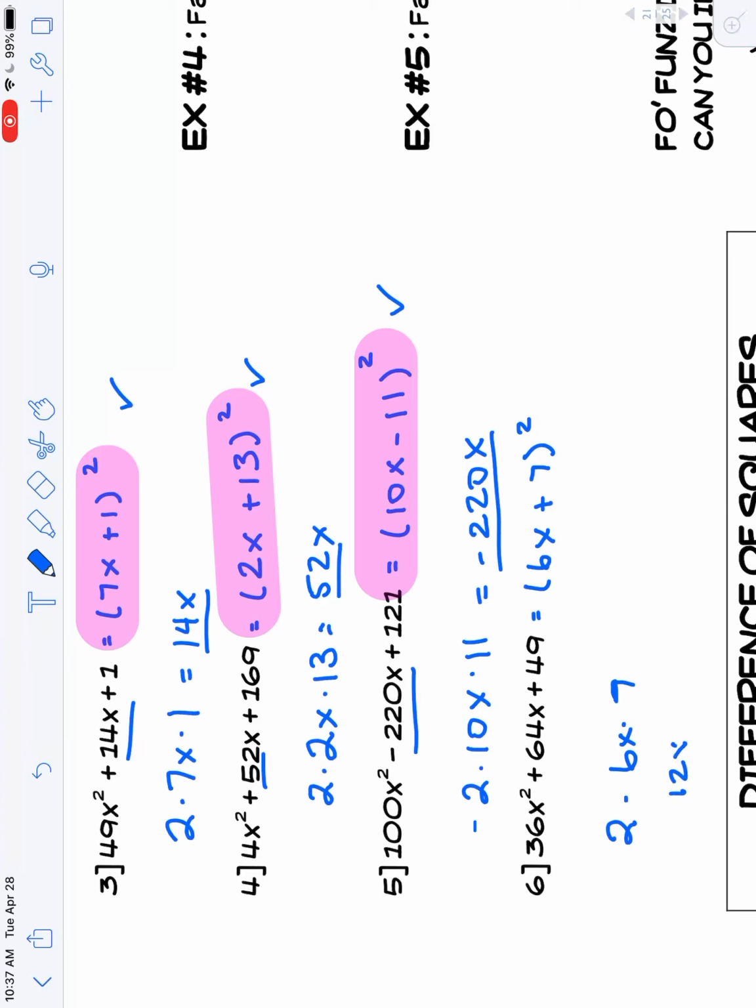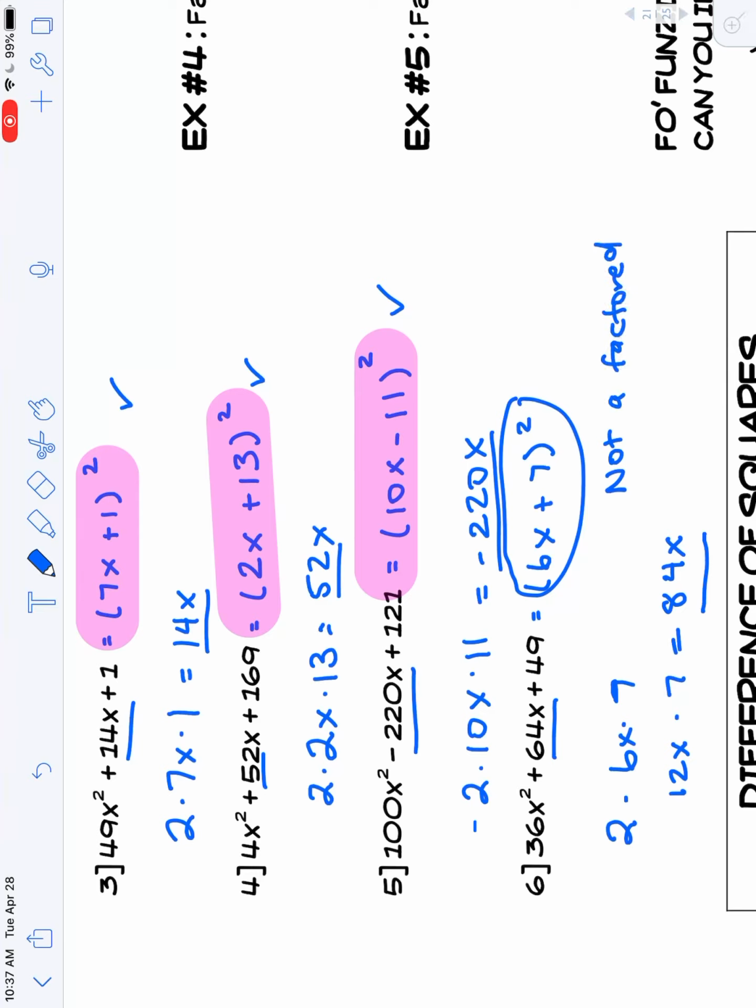That's 12x times 7, which equals 84x. Does this match up in the middle? No. So this right here is not a factored form.